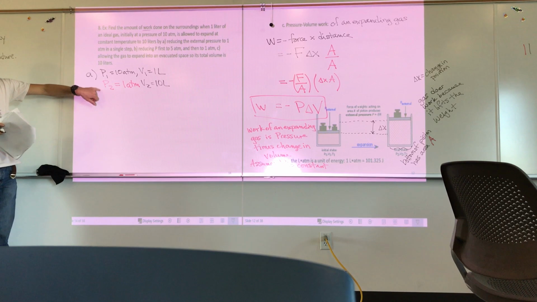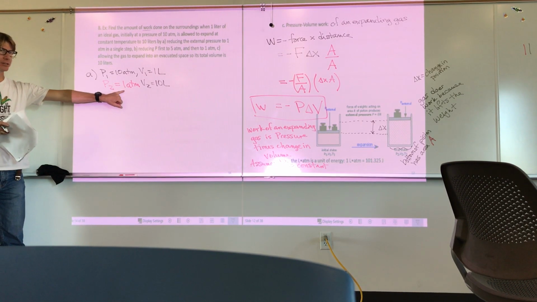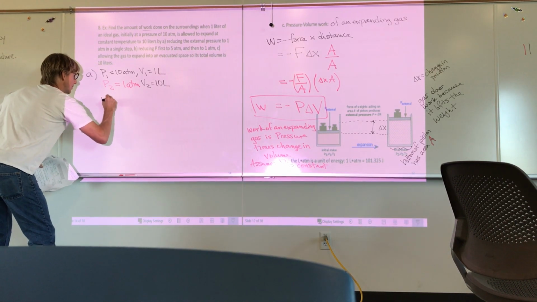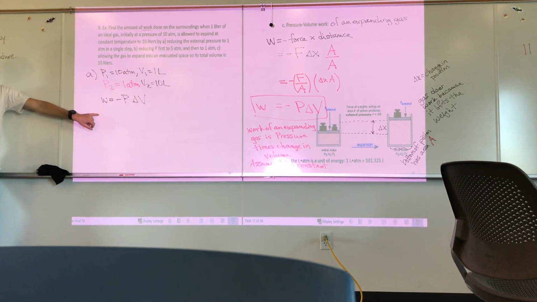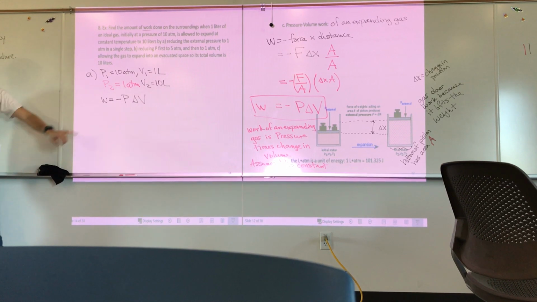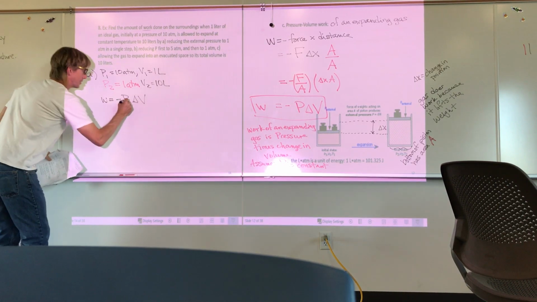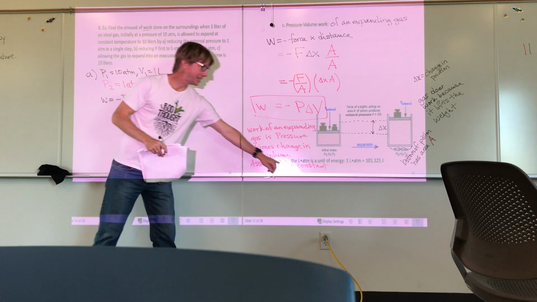Now, that's the calculation that we do to find out what our final pressure is. To find the work done as that gas expands from 1 liter to 10 liters, it is always P2 that you put here, the final pressure, because of the assumption that P is constant.